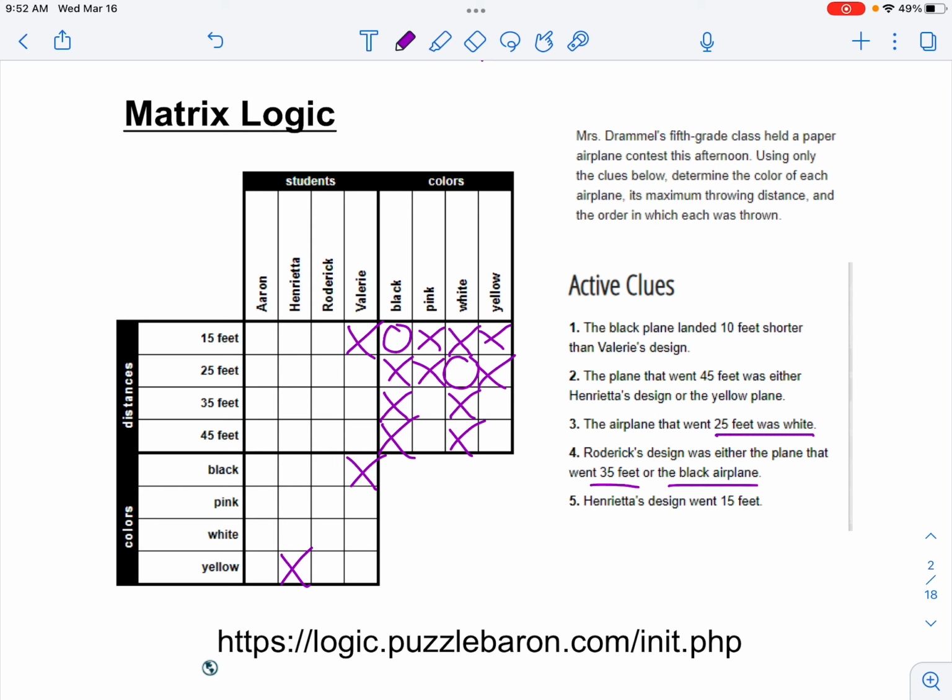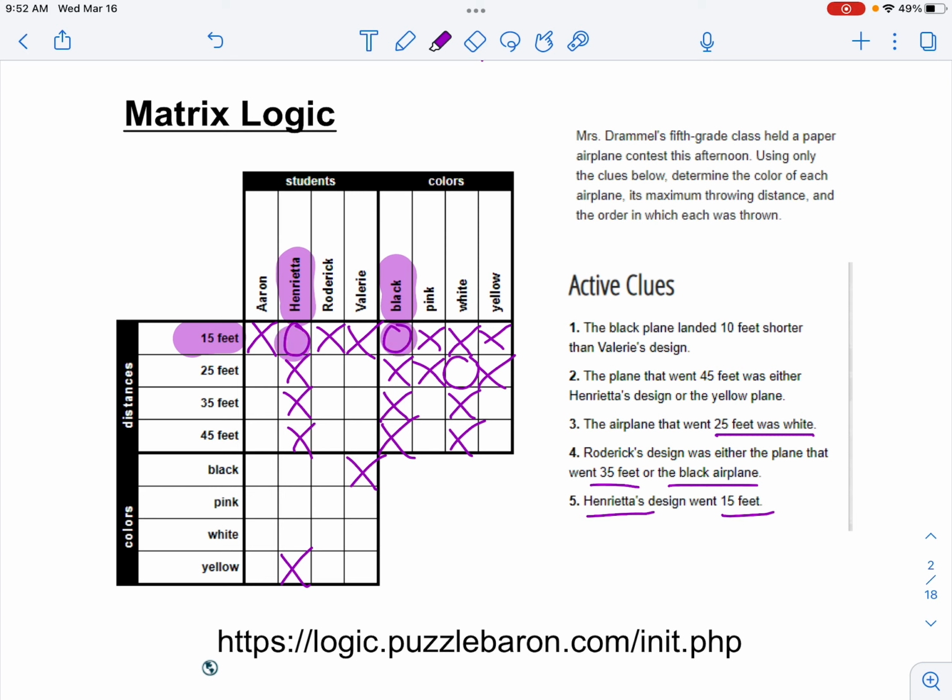And then finally, Henrietta's design went 15 feet. So we know that's a winner. Henrietta was 15, so we put a circle where Henrietta and 15 meet up. Then we X down the column and X across the row. Now we can use cross logic. Ready? We know Henrietta's went 15, and we also know the black one went 15.